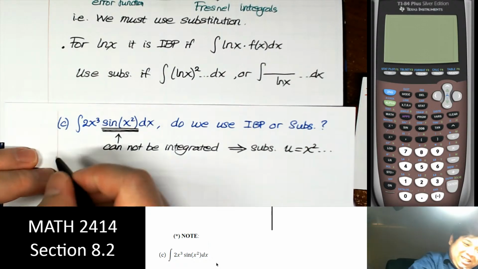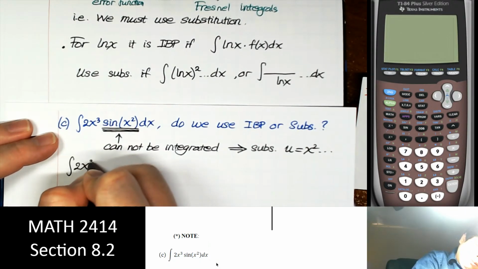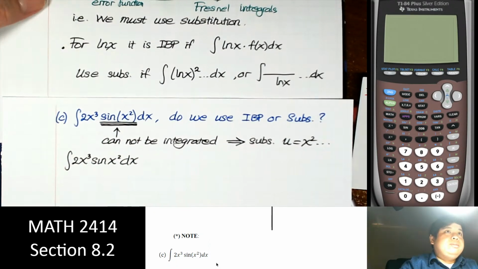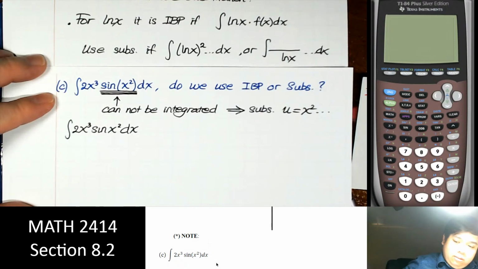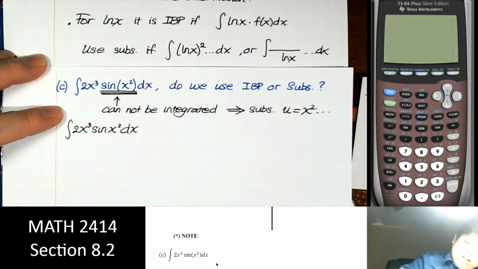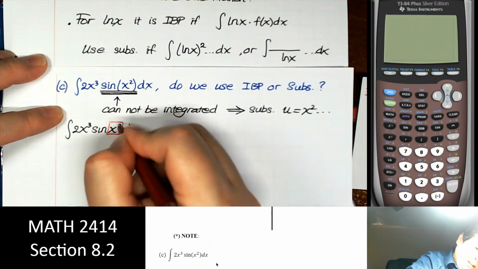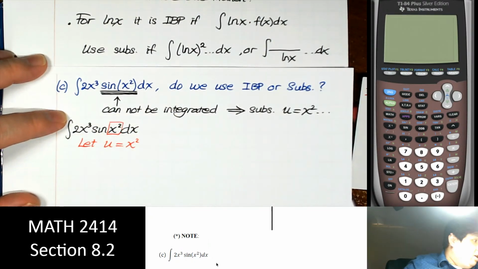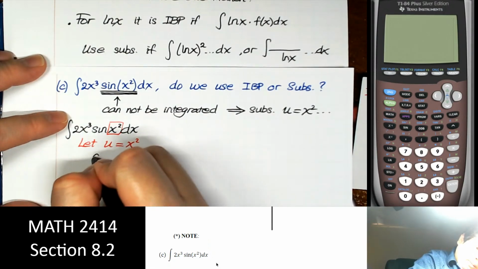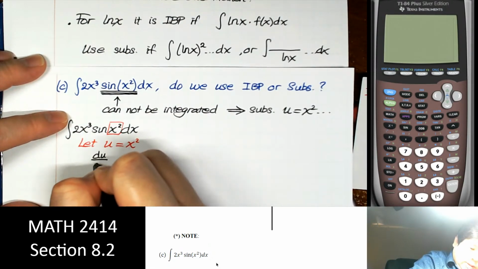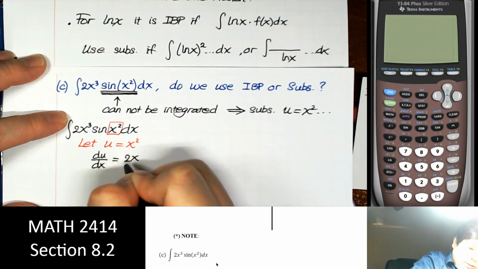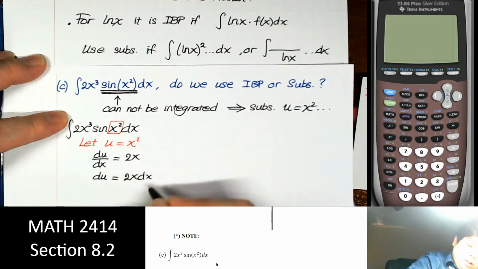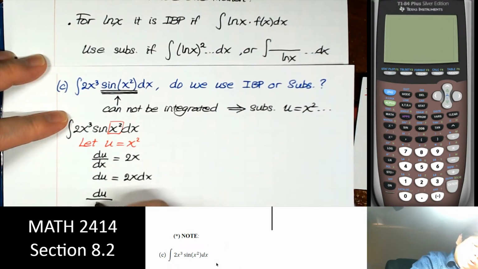So let's see. I'll let u equal to x squared. Then take the derivative. Move the dx, and then divide by 2x.